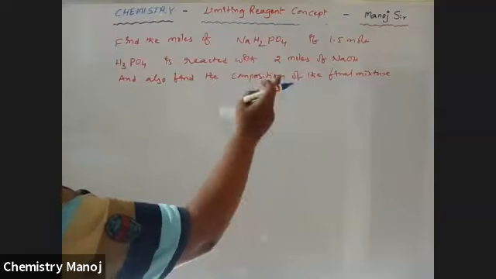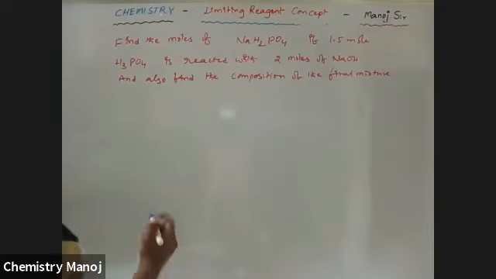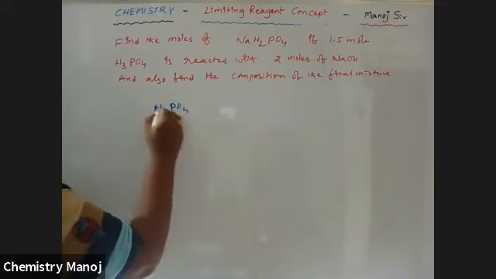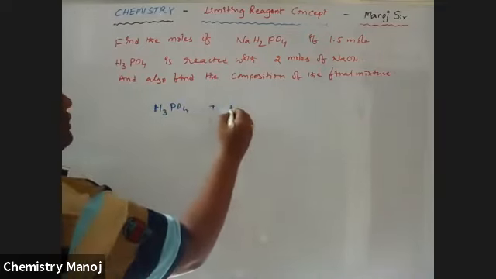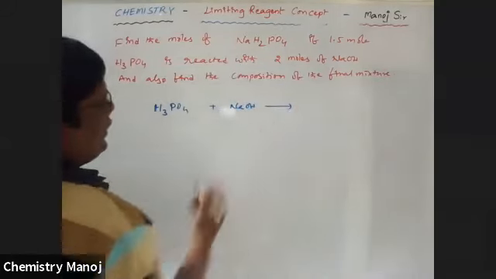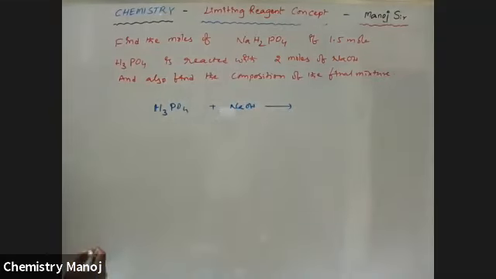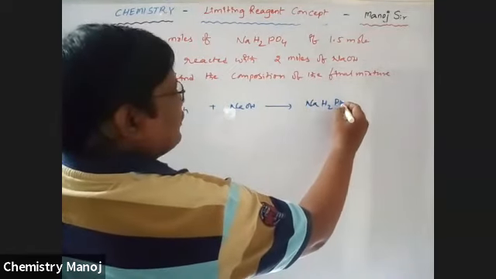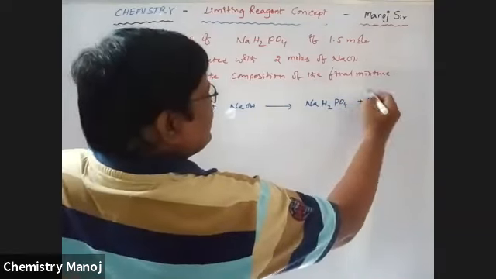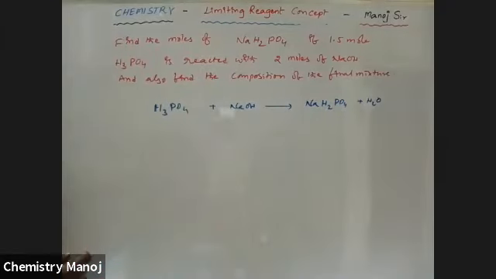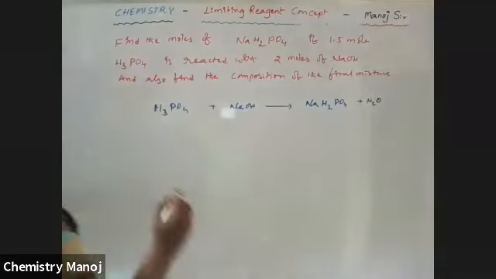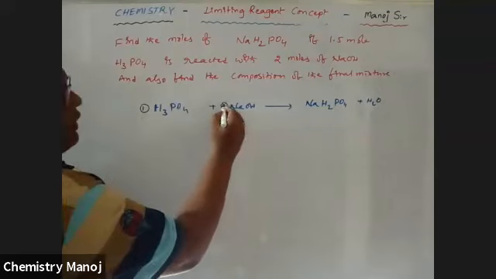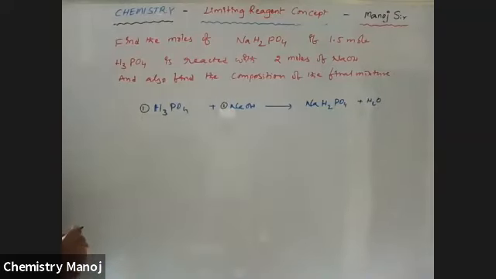NaH2PO4 is the product. That means H3PO4 reacts with NaOH. The reaction is H3PO4 reacts with NaOH and gives NaH2PO4 plus H2O. This is an acid-base reaction. According to this, 1 mole of this one reacts with 1 mole of NaOH.